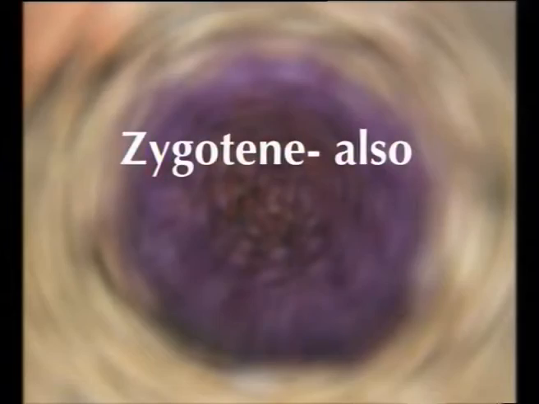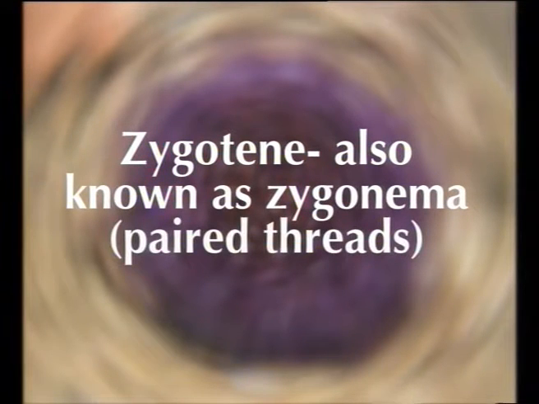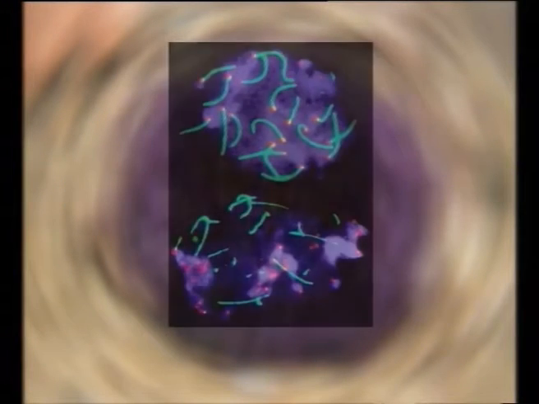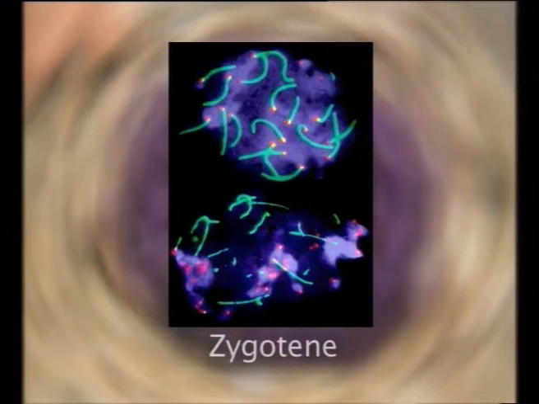The second one is zygotene. The zygotene stage is also known as zygonema. The word again is Greek, meaning paired threads. During this stage, the chromosomes approximately line up with each other into homologous chromosomes.